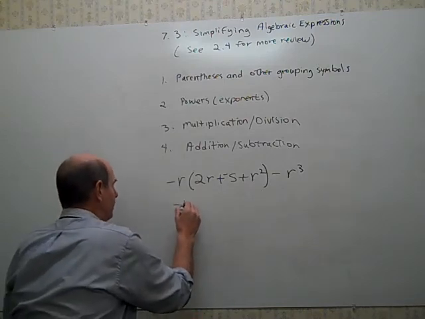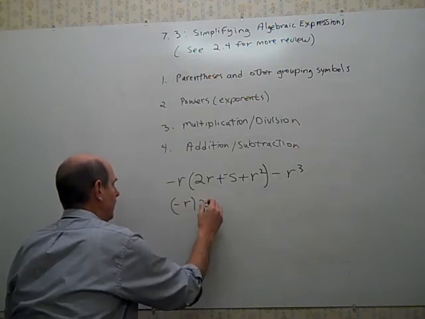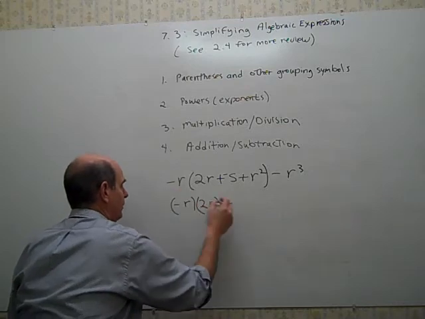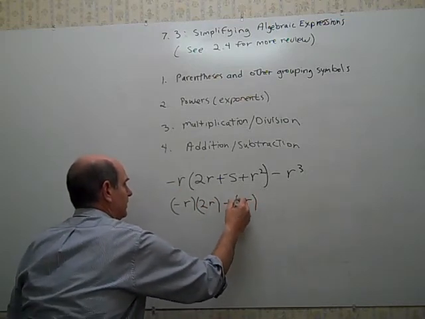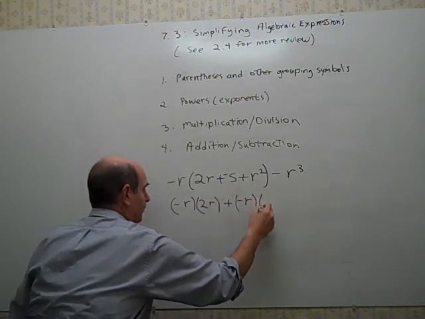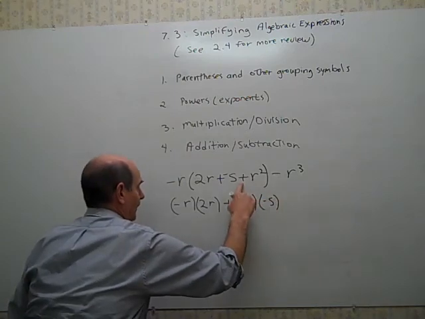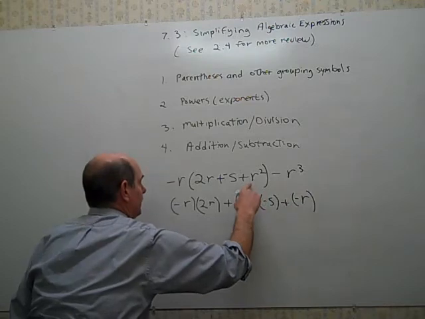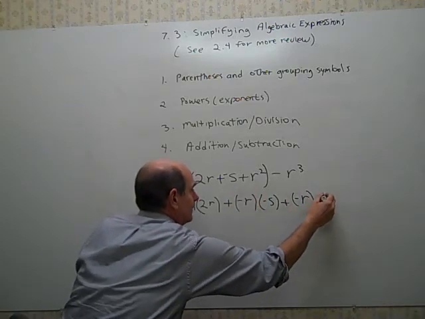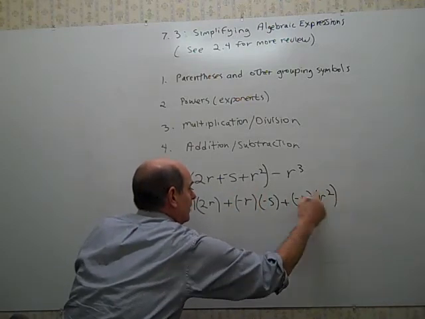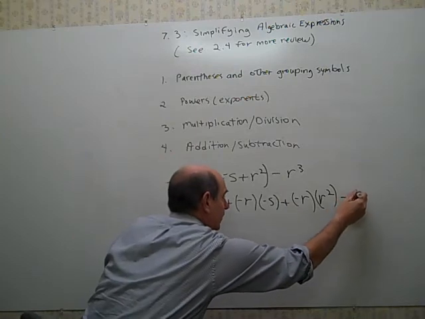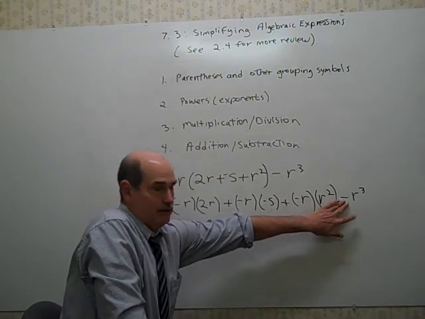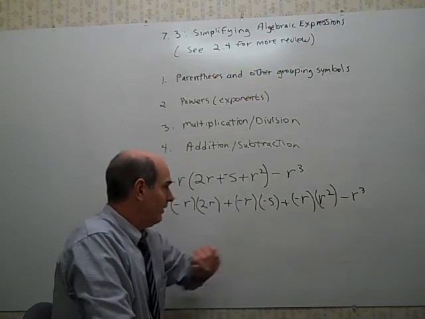So it would be the opposite of r times 2r, plus the opposite of r times the opposite of s, plus the opposite of r times r to the second power, minus r to the third. Now I might want to make that plus the opposite of r to the third, but let's see how this works out here.